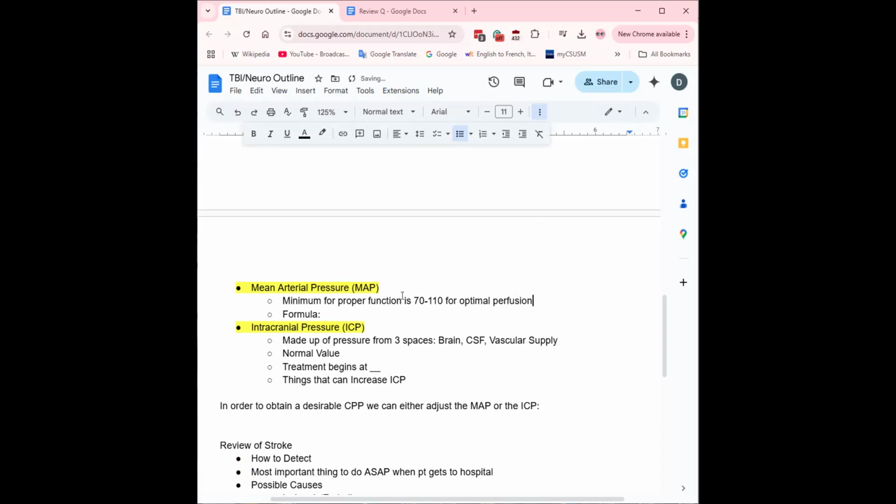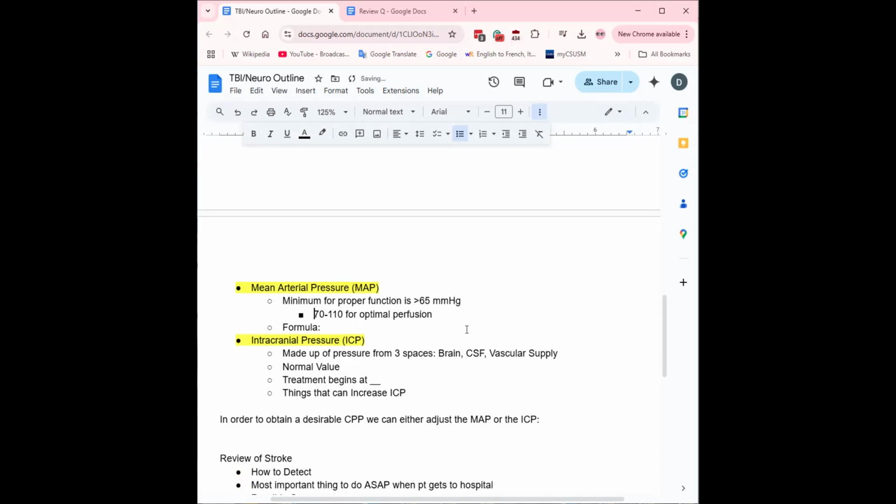Let's say just above 65 for minimum and 70 to 110 for optimal perfusion. The semantics of it doesn't particularly matter. You just kind of know the general idea and you know how to calculate it.